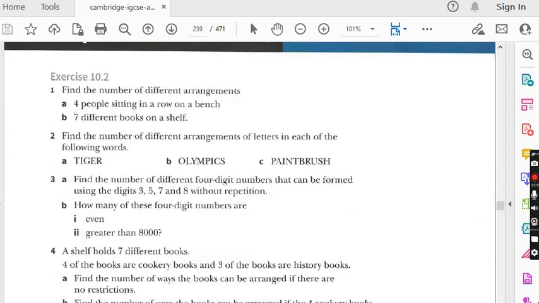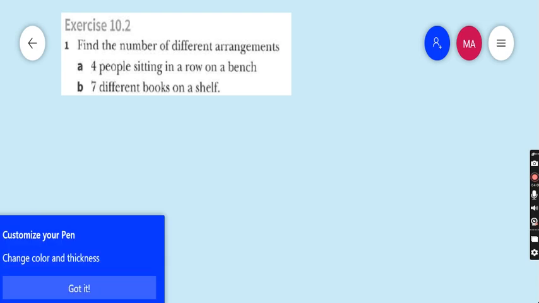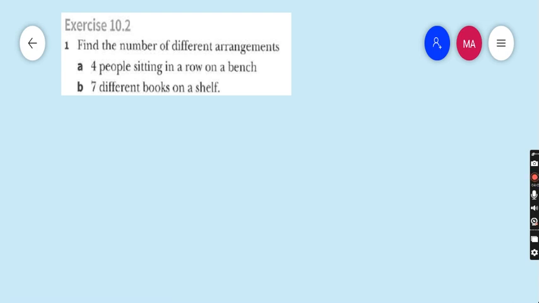Question number 1. Find the number of different arrangements if 4 people are sitting on a bench. So 4 people means for the first one we have 4 choices, the second one we have 3 choices, the third one we have 2 choices and the fourth one we have 1 choice.